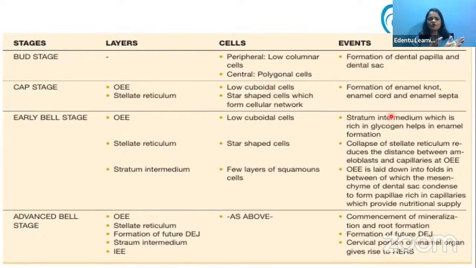You just have to look at this table during your last minute revision. Try to draw this table in your notebook or take a printout of it and paste it where you can see it daily, so that all the stages of tooth development will be thorough for you.